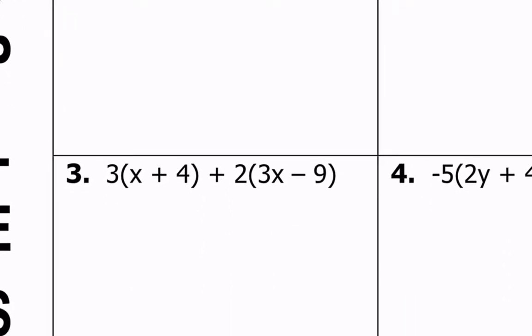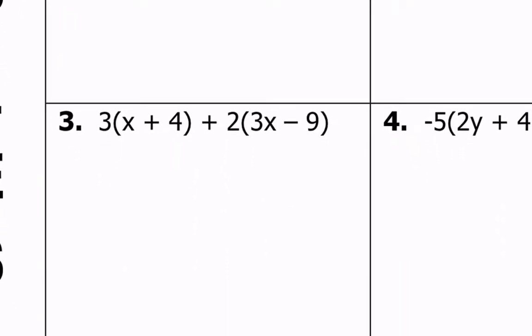Moving along. On example number 3, we have two different sets of parentheses with something in front of both of them. That means we're going to have to distribute twice. On this first set of parentheses, I'm going to take this 3 and multiply it by the x, then take the 3 and multiply it by the 4. Same idea over here. We have another group of parentheses with the +2 out front. So I'm going to take 2, multiply it by this, and then take the 2 and multiply it by the -9.